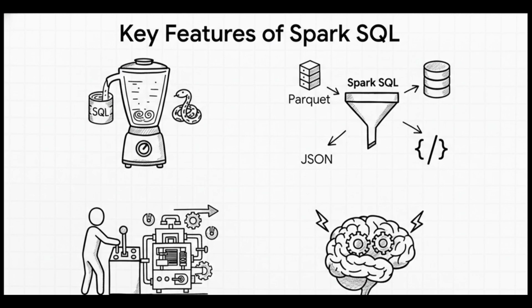You can write your classic SQL, or you can weave it right into your Python or Scala code. You can pull data from a dozen different places, Parquet, JSON, your Hive warehouse, and it all just works together through one clean API. And under all of that, the real secret sauce is this promise of automatic optimization. That's what we're here to figure out.